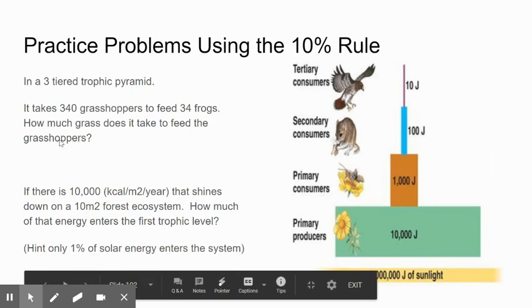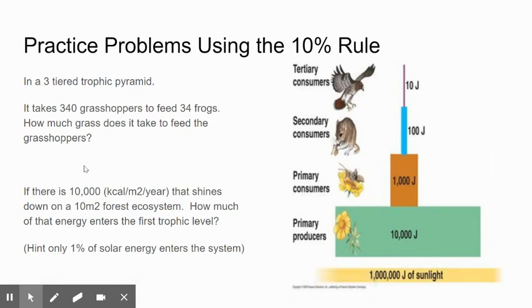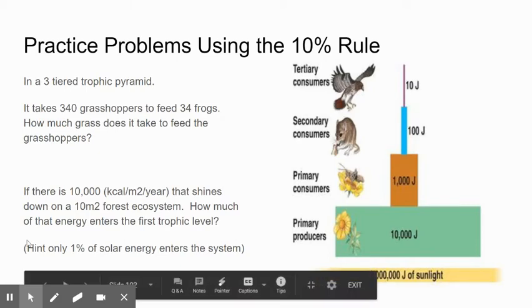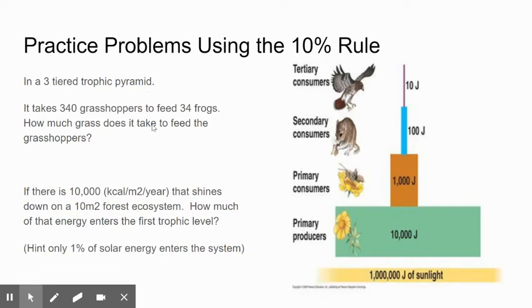Here you can do a ratio to try to figure out this answer. With this one, you would have 34 frogs over 340 grasshoppers, and you could set that up.